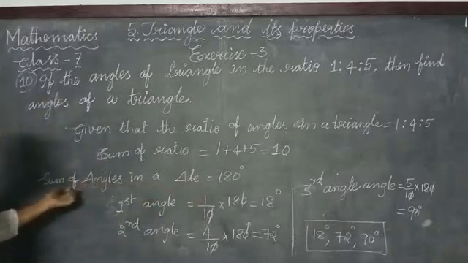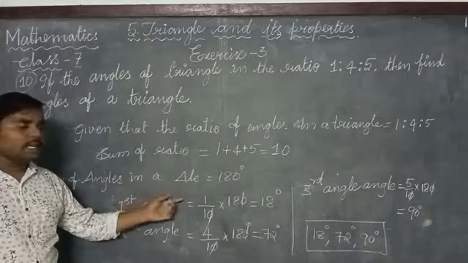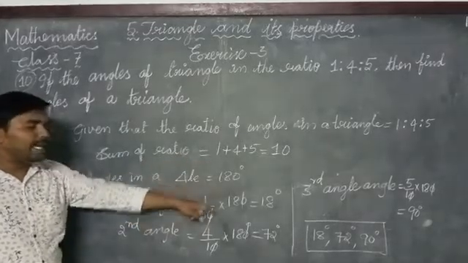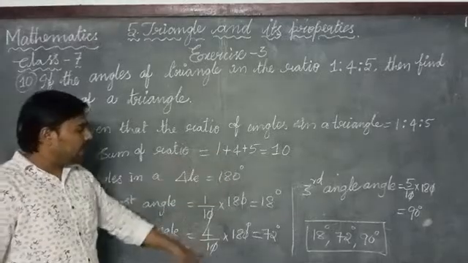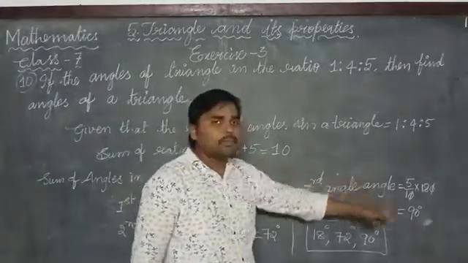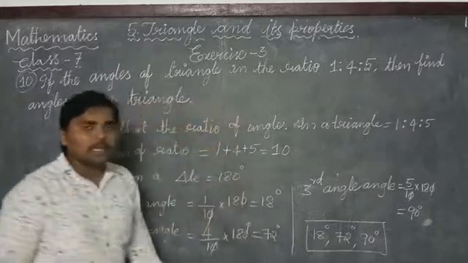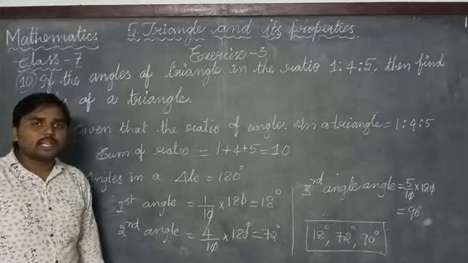The first angle is 1 by 10 into 180, which is 18 degrees. The second angle is 4 by 10 into 180, which is 72 degrees. The third angle is 5 by 10 into 180 degrees, which is 90 degrees. In this way, the three angles of the triangle are 18 degrees, 72 degrees and 90 degrees.